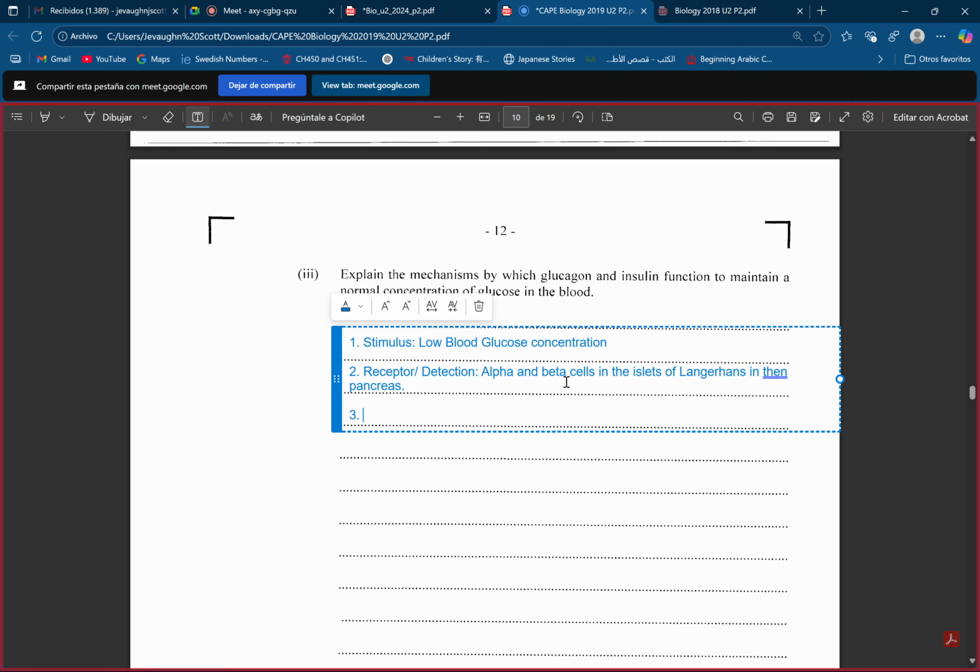Alright. So that's reception. And then what we're going to be looking at now is the regulation. What's happening now? After the detection, what happens directly after? Okay, glucagon into the bloodstream. Let me just fix up everything.